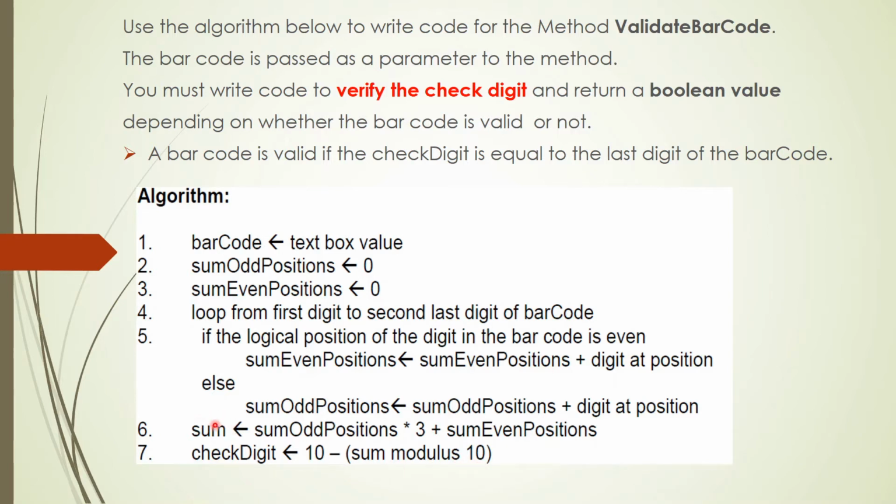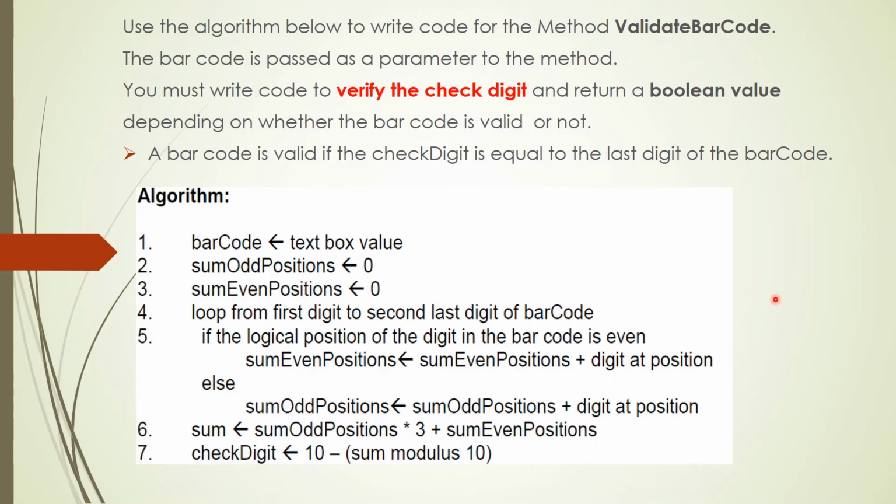So your sum value modulus 10, and then you subtract it from 10 to get the check digit. Your function will return a Boolean value because you're going to check this statement: a barcode is valid if the check digit is equal to the last digit of the barcode. So if this check digit that you've calculated is equal to the last digit of the barcode, then your function returns a Boolean value.